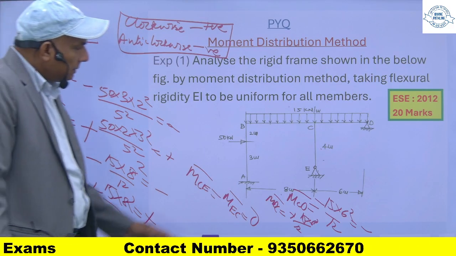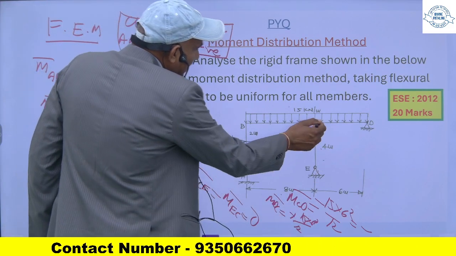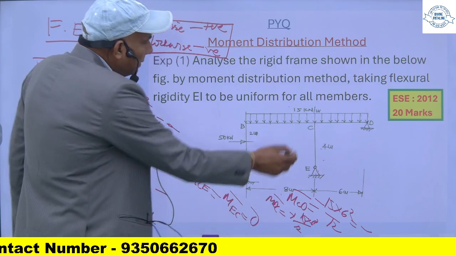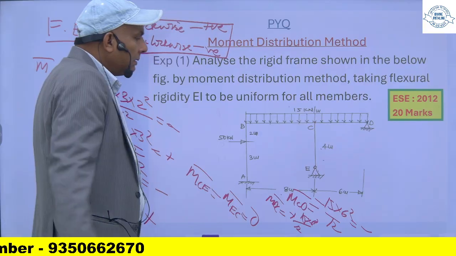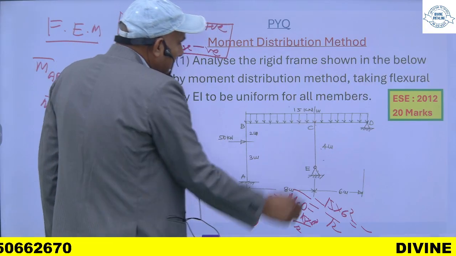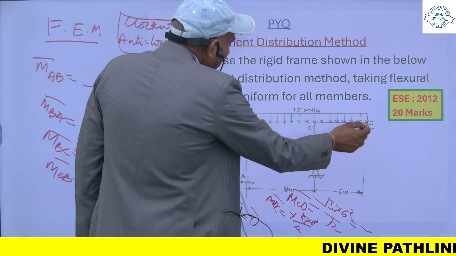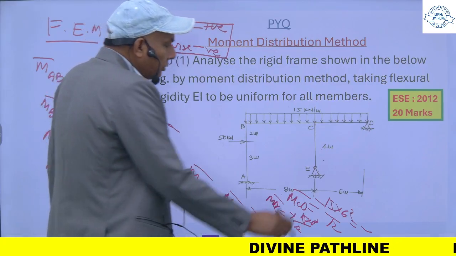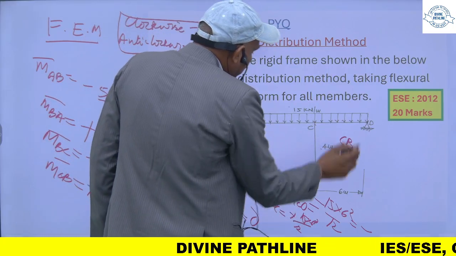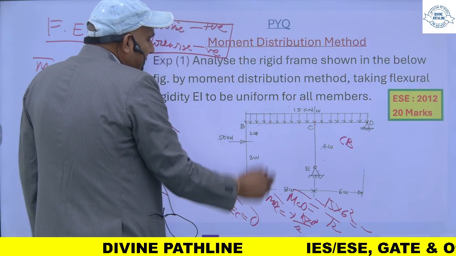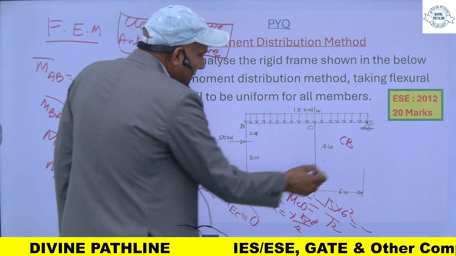For this joint C, I have 3 members: CB, CE and CD. For CB, the relative stiffness will be I upon 8.